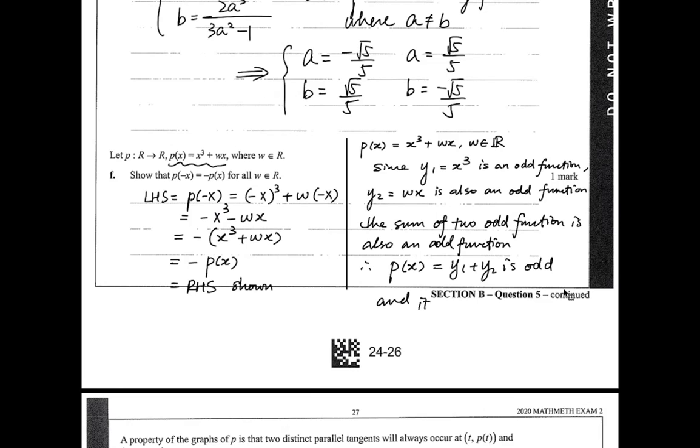And it is true that P minus x equal to minus P of x. Comparatively speaking, if you use the second approach, I would say you need to write more words and rigorous explanations or reasoning. Preferably, just stick with left-hand side equals to right-hand side, okay?